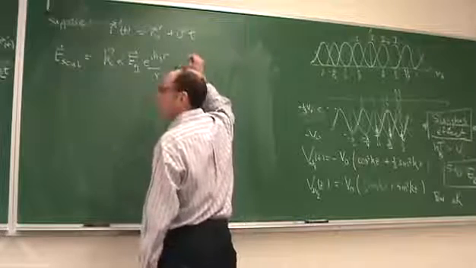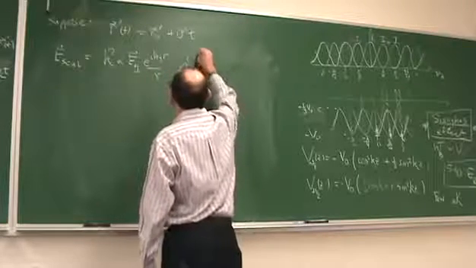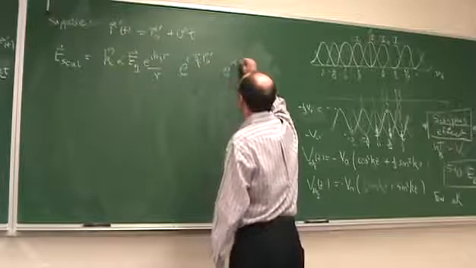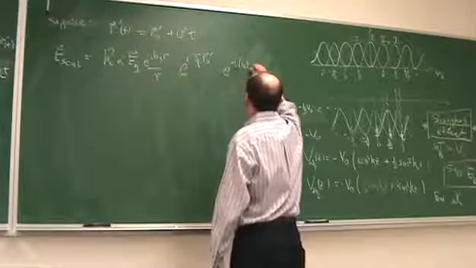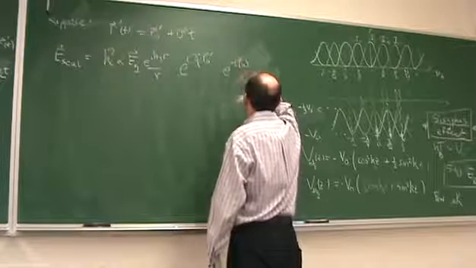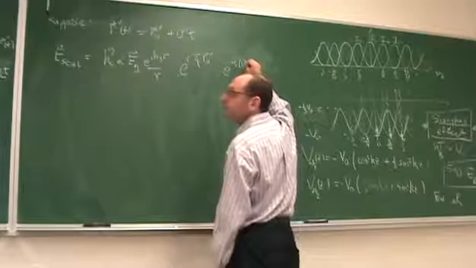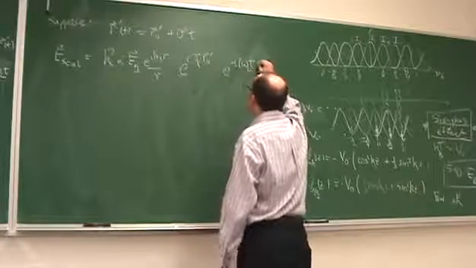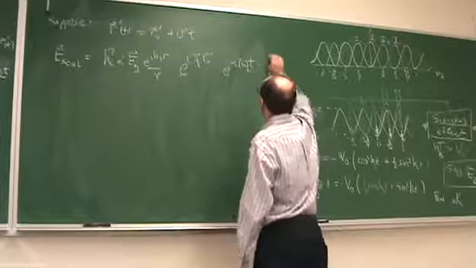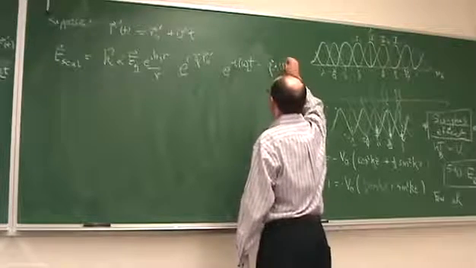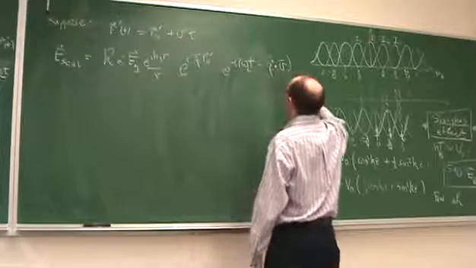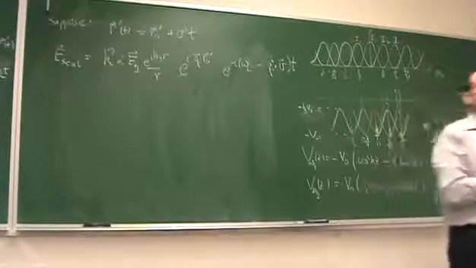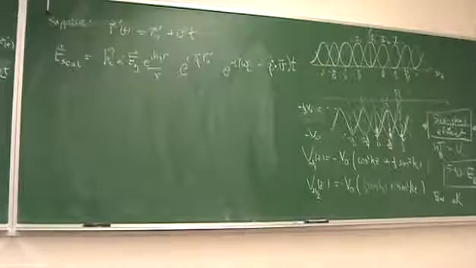Then we have e to the i Q dot R0 and then we have e to the minus i Q dot v, when the particle is moving.